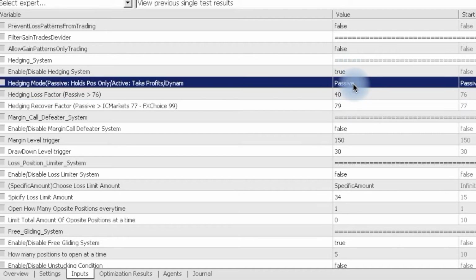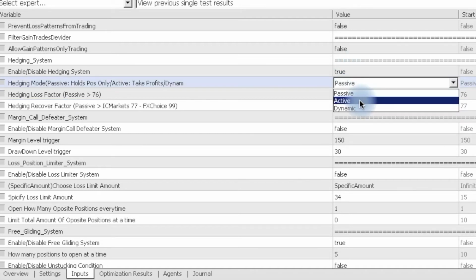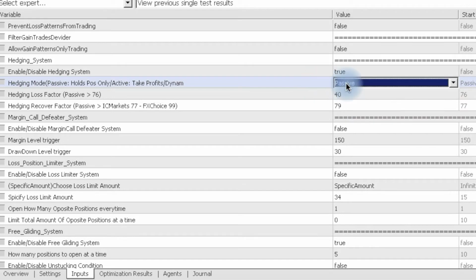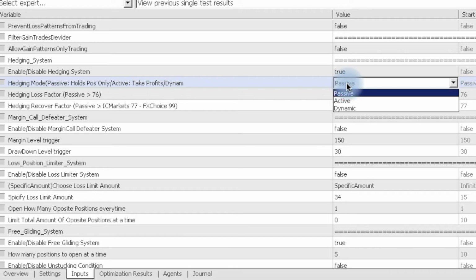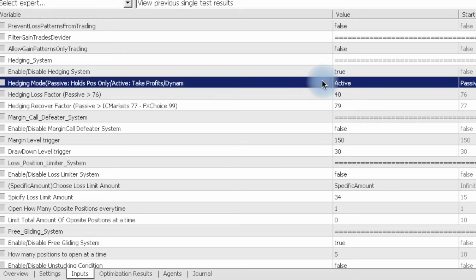and make sure just to get the best factors for the hedging mode. Now, what is passive? What is active? What is dynamic? Passive is basically opening a counter position that does not do anything, only waits until the main position is recovered. Now, the active position, when it opens a counter position, will actually take gains.